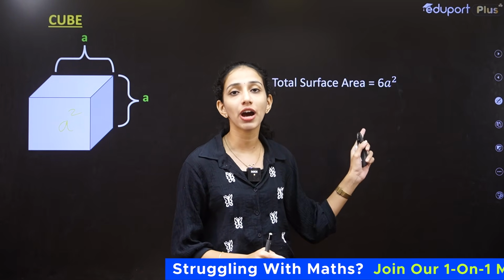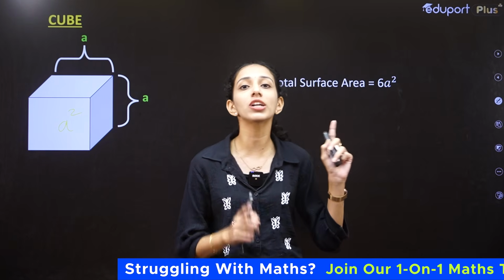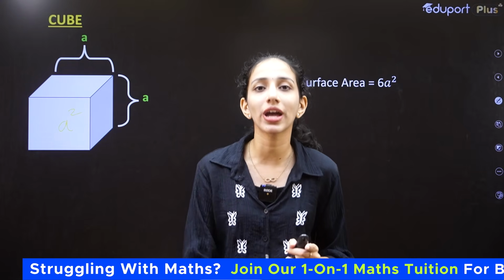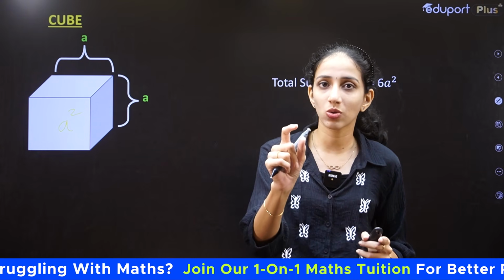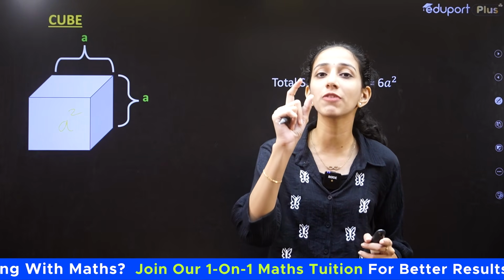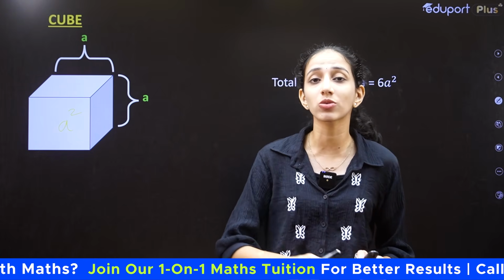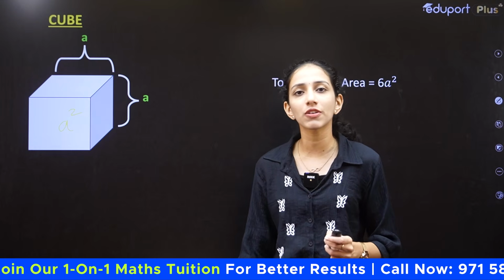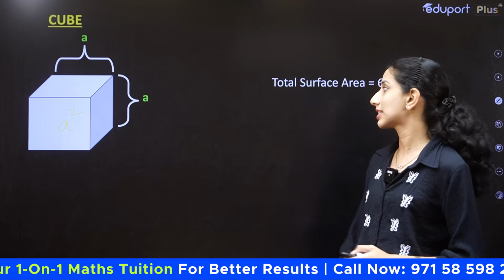So, write it down: the formula for the total surface area of a cube is 6a square. We have one face with area a square, and we have 6 such faces, so the total surface area of the cube is 6a square.